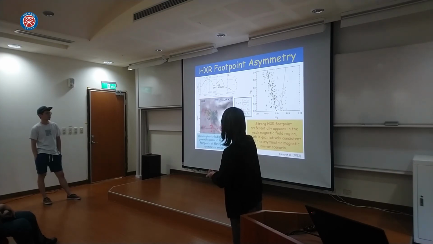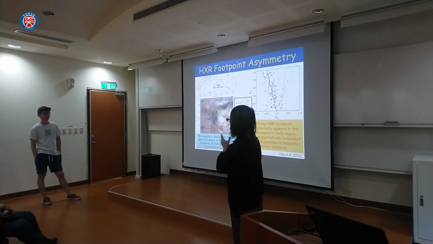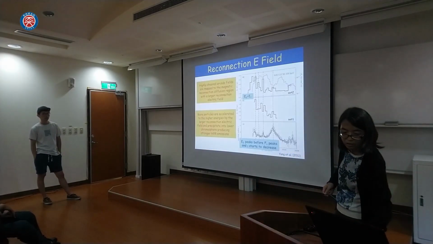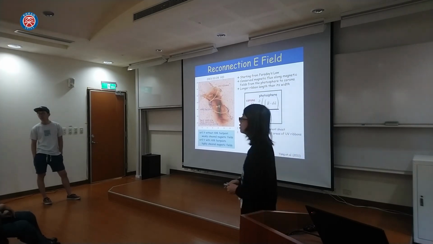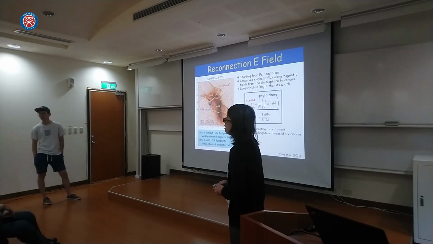The white indicates the outward magnetic field, and the black indicates the downward magnetic field. So we do have the magnetic field strength, but just on the photosphere.